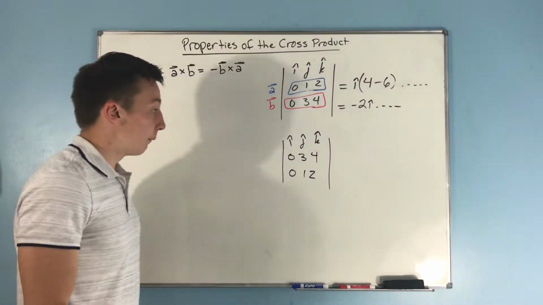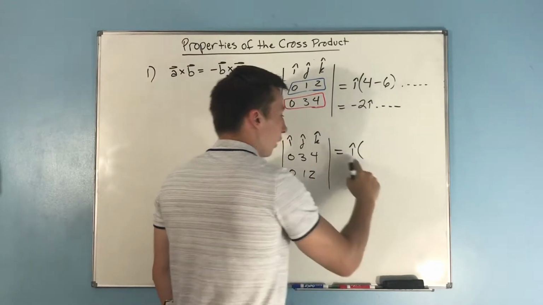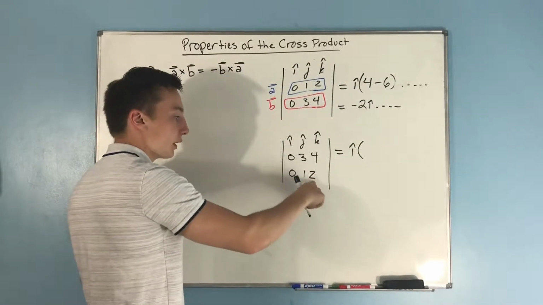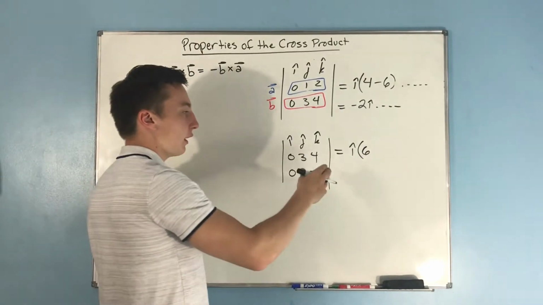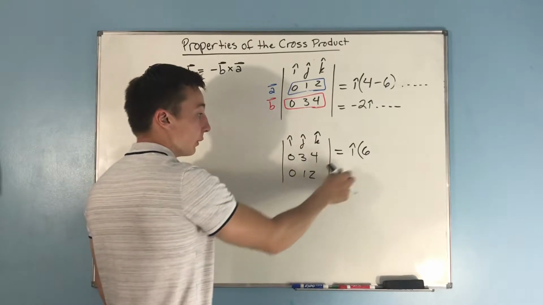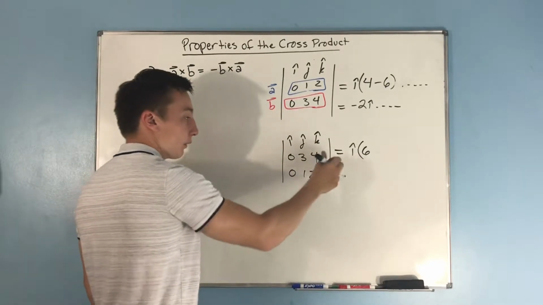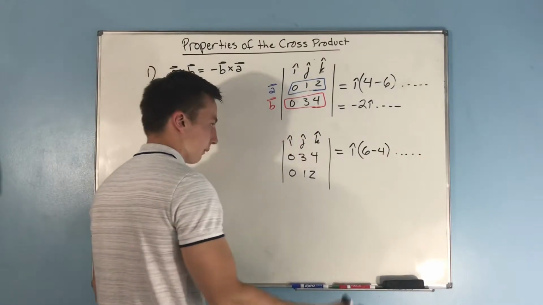Okay, so if we're just trying to find our I hat here, the coefficient on I hat is going to be 3 times 2, which is 6, minus 1 times 4, which is 4. And we're going to have other stuff after that, of course.